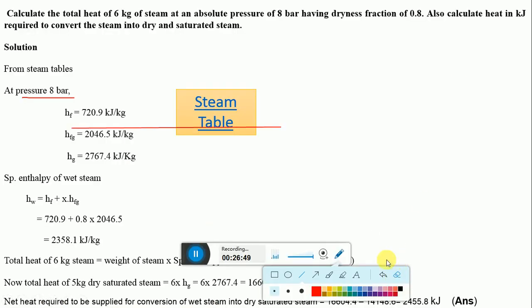These are the values from that particular table.